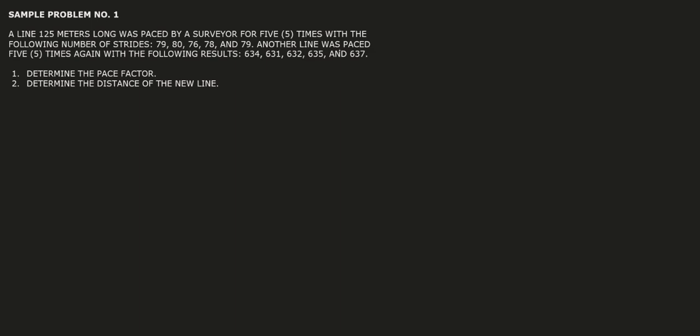Another line was paced 5 times again with the following results: 634, 631, 632, 635, and 637. Number 1, we are asked to determine the phase factor, and determine the distance of the new line.